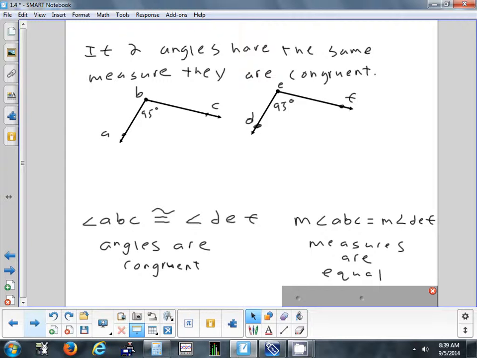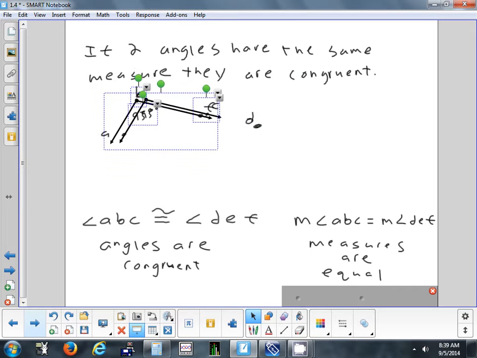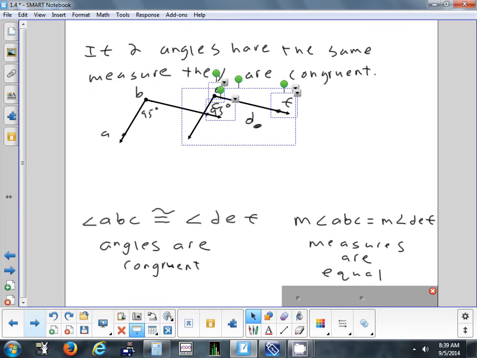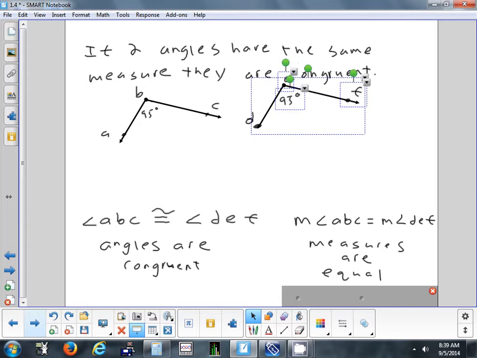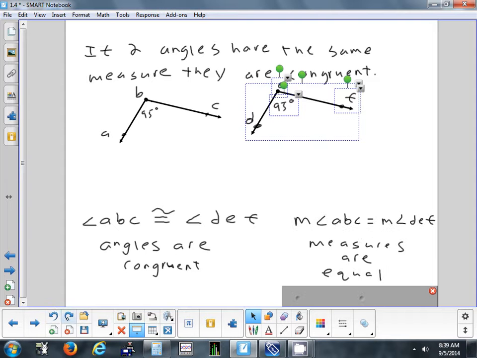Notice the definition of being congruent has nothing to do with where you position the angles. They don't have to be positioned right on top of each other to be congruent. They don't even have to be turned the same way. If I take a 95-degree angle and turn it, does that change the size of it?